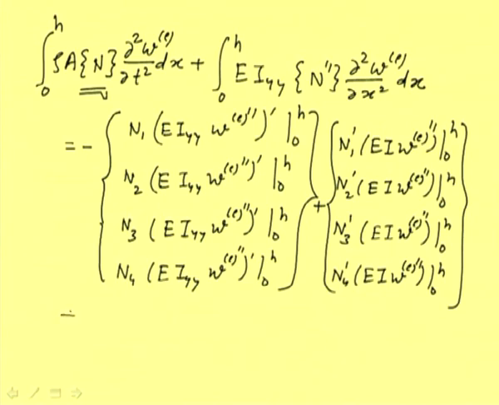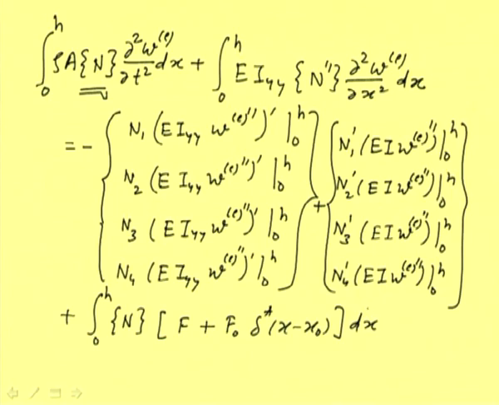And apart from this, the external force components, this is the distributed force and this is the concentrated force, this is the Dirac delta function. Now as we know the property of N, it is 1 for x is equal to 0, but it is 0 for x is equal to h.